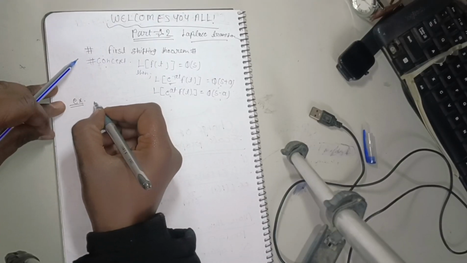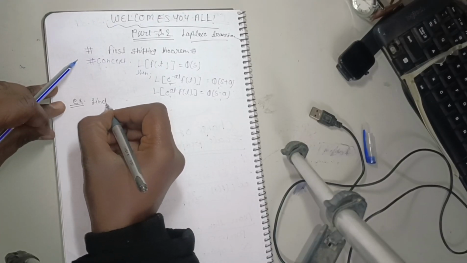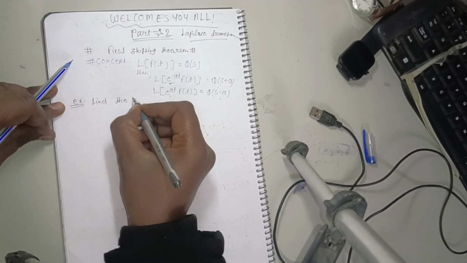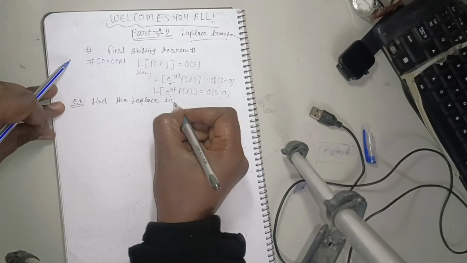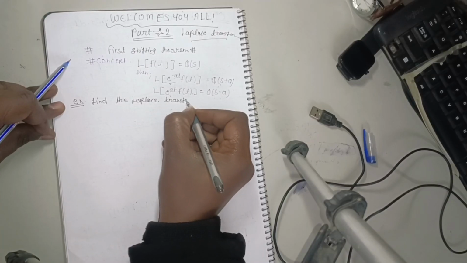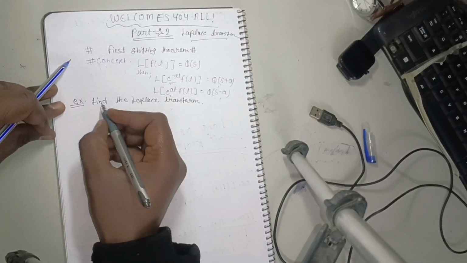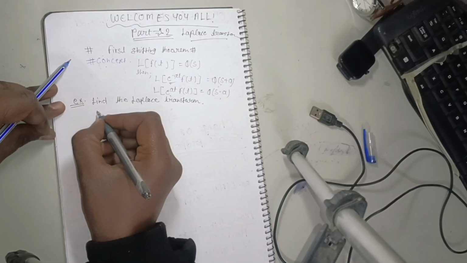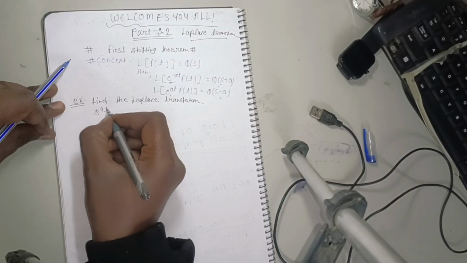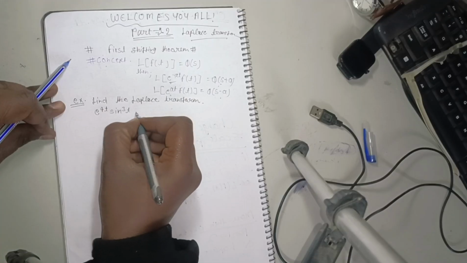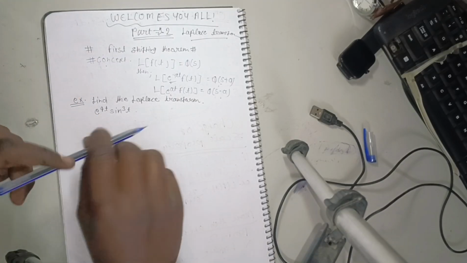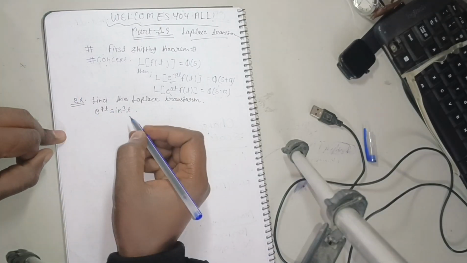Find the Laplace transform of e to the power 4t sine cube t. This is the Laplace transform which we have to find.